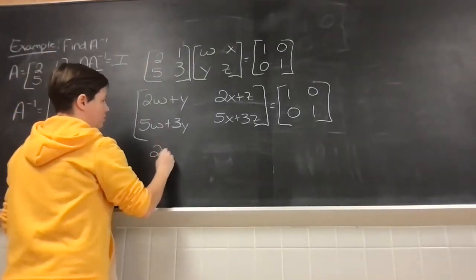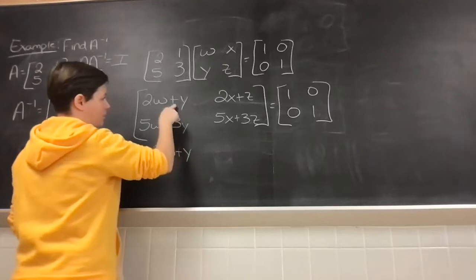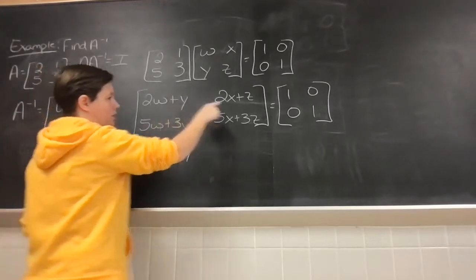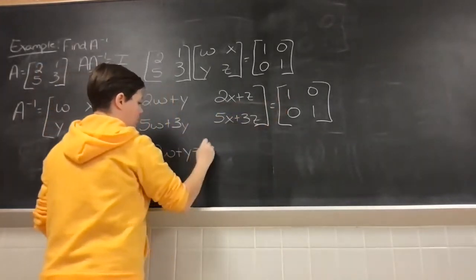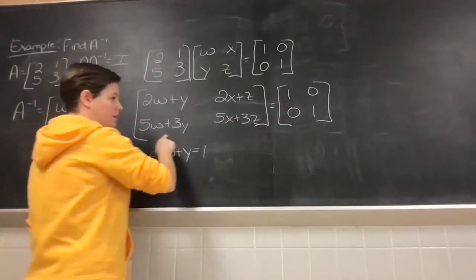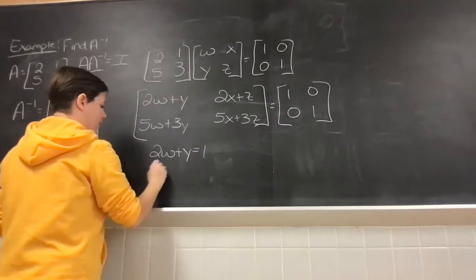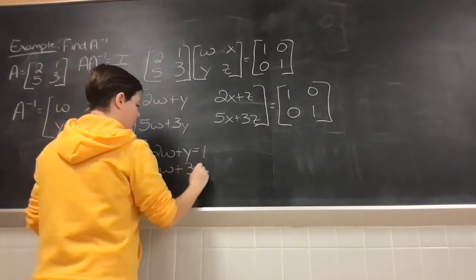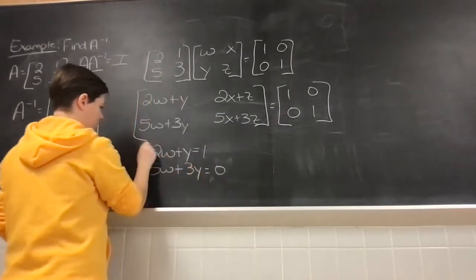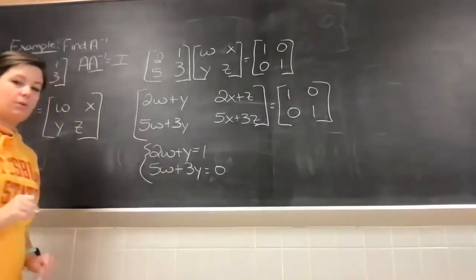I can take 2w plus y, which is here in the 1, 1 spot, and I can set it equal to 1 because I'm saying that this matrix is equal to this matrix. Similarly, my 5w plus 3y equals 0. And there's a system of equations.